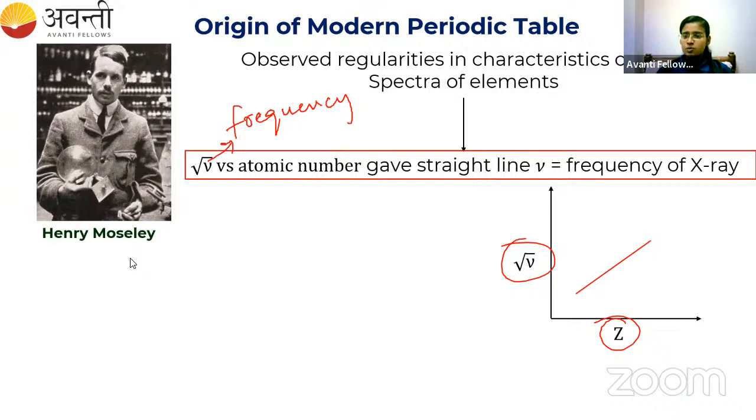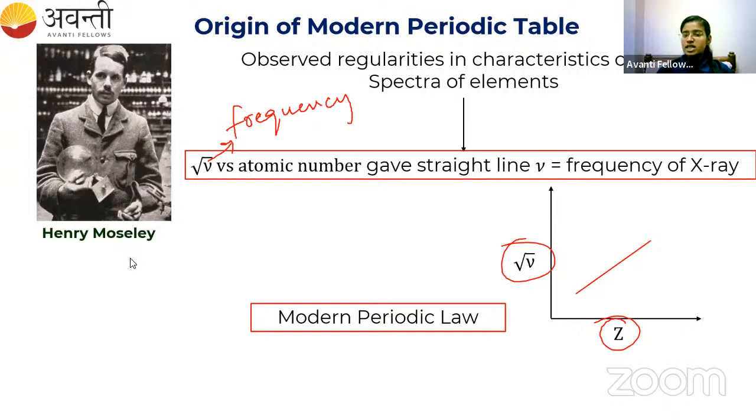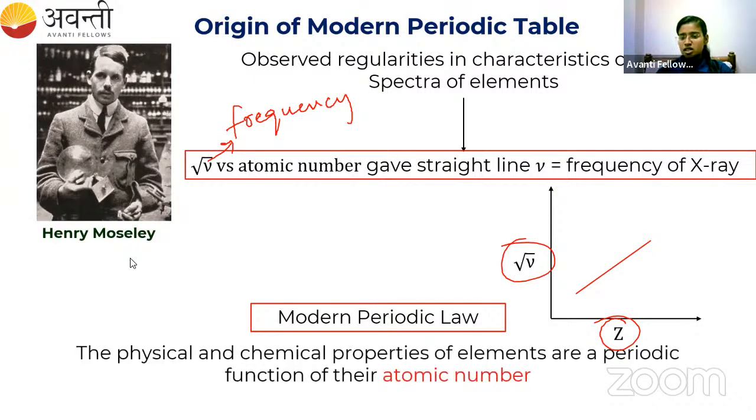By observing this regularity in his graph, he gave a law which is called the modern periodic law. The law says that the physical and chemical properties of the elements are the periodic functions of their atomic number.